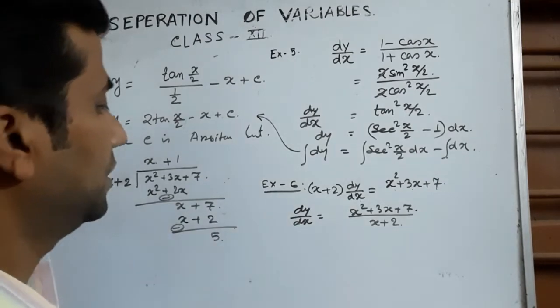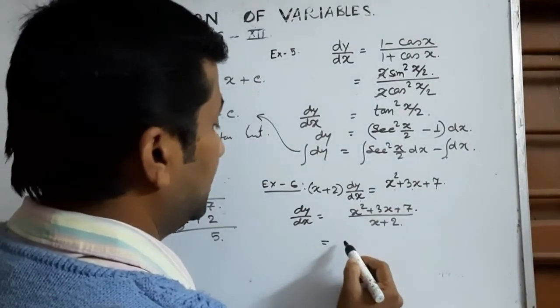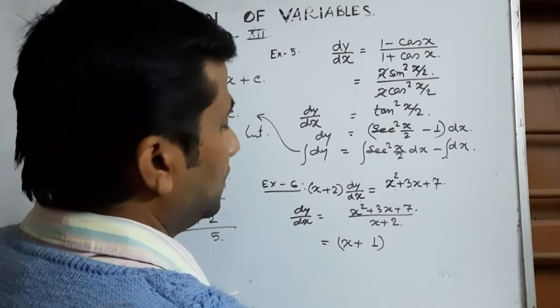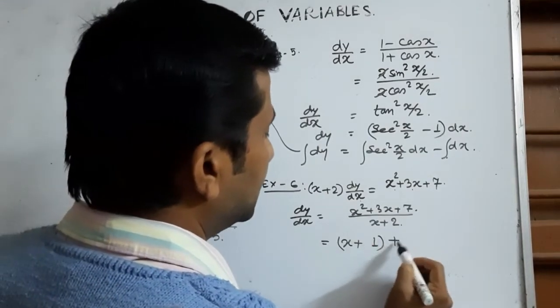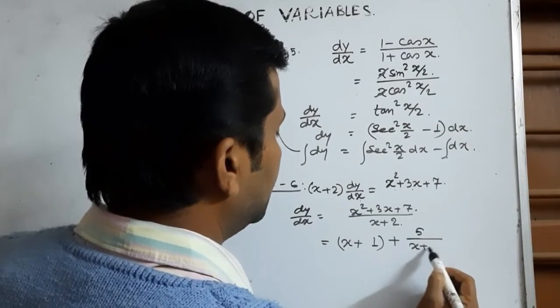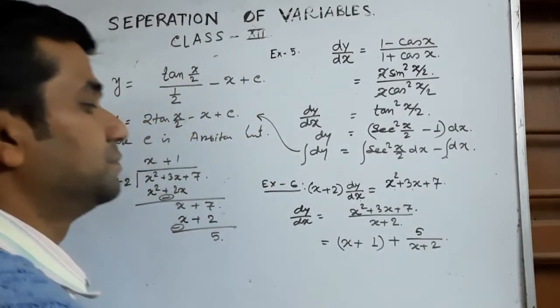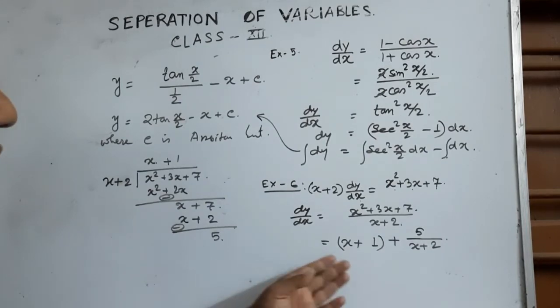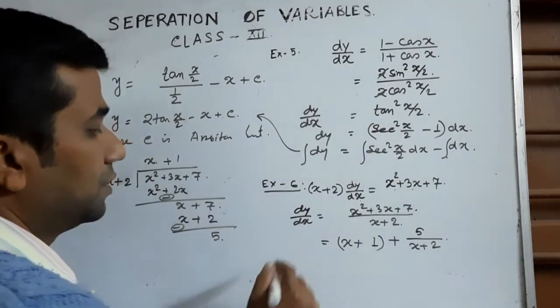Remainder is 5 and it can be written as (x plus 1) quotient plus remainder 5 by divisor. This is the actual procedure.